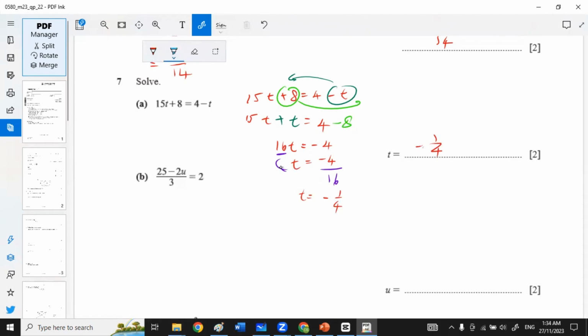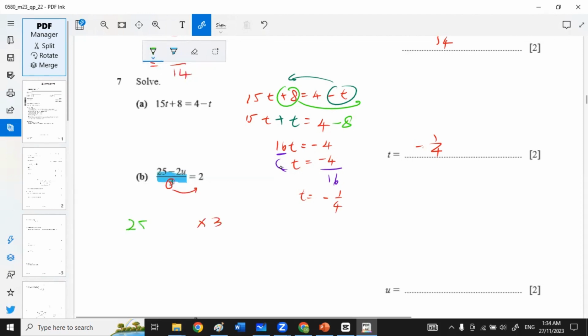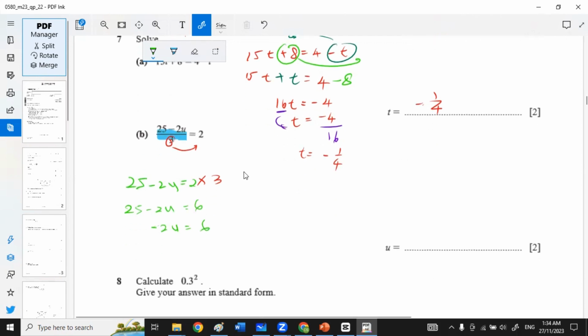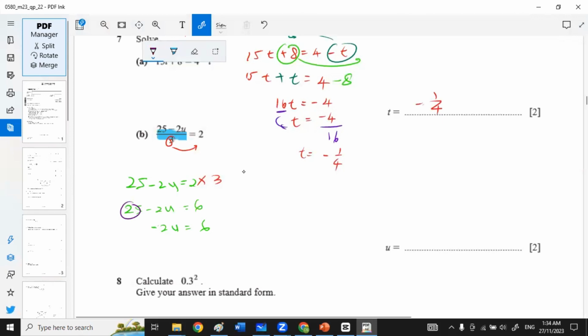B, for B, this is a single fraction. Therefore, you can just settle the 3 first. Okay, 3 become times 3. The rest you just copy. 25 minus 2u equal to 2 times 3. So 25 minus 2u equal to 6. So negative 2u equal to 6, and the 25 is a plus. So bring to the other side, become minus 25.